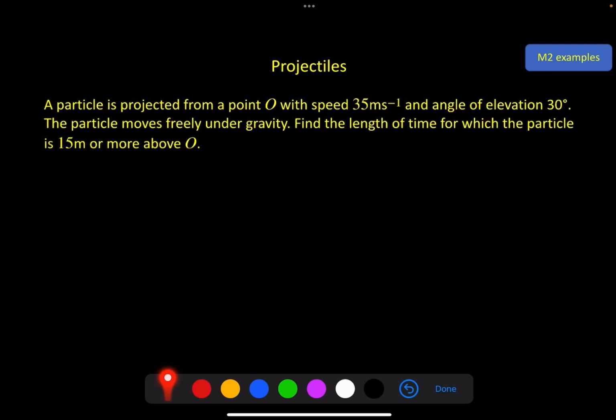So a good diagram here is quite useful. We're going to have our point O here. It's projected out at 30 degrees to the horizontal. It can move freely under gravity. We don't have a plane that it hits, so potentially it continues falling.